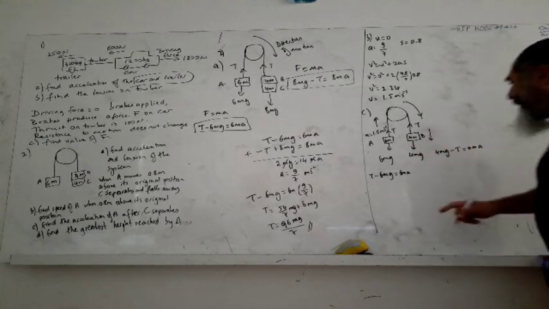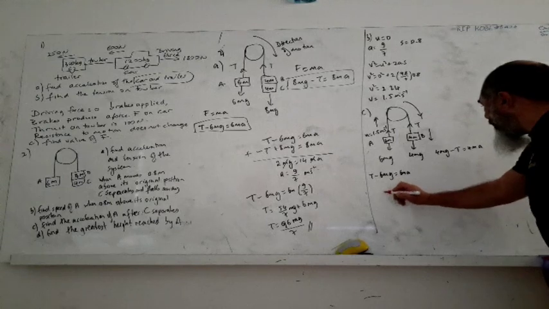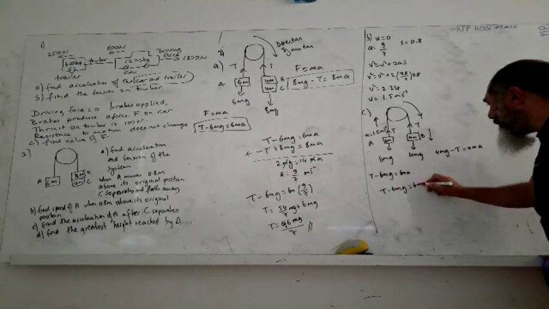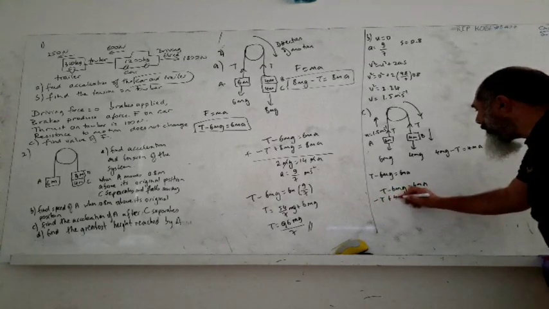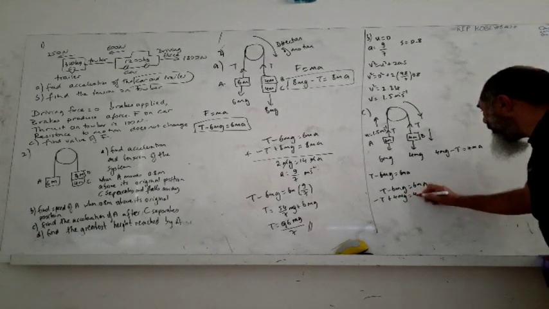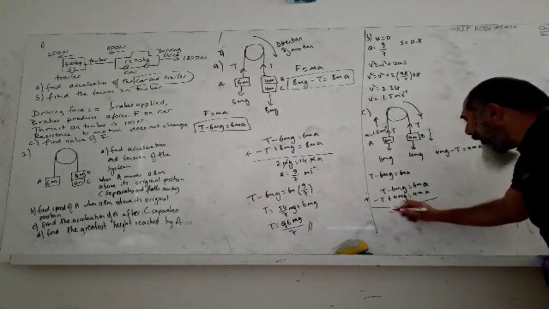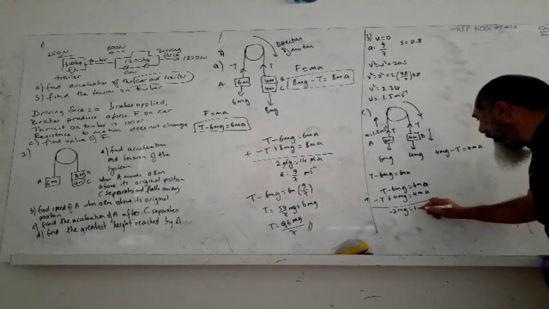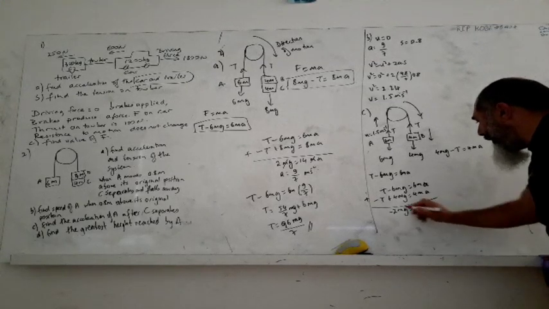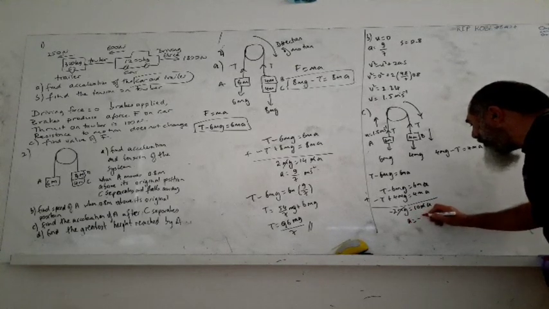Let's write them and solve them simultaneously. Adding them, minus 2mg is equal to 10ma, the m's cancel each other. So acceleration is minus g over 5.